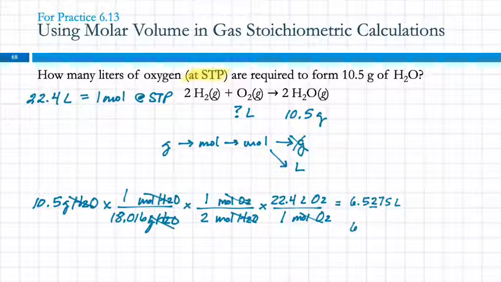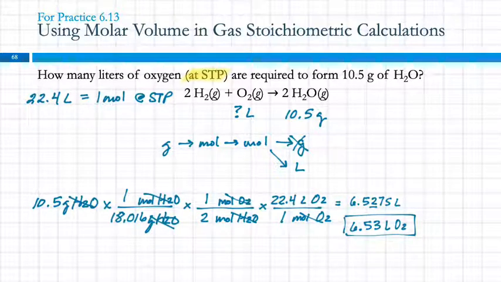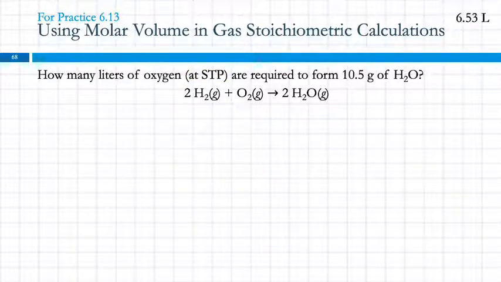So, 6.53 liters of oxygen. Any questions? 6.53 liters.